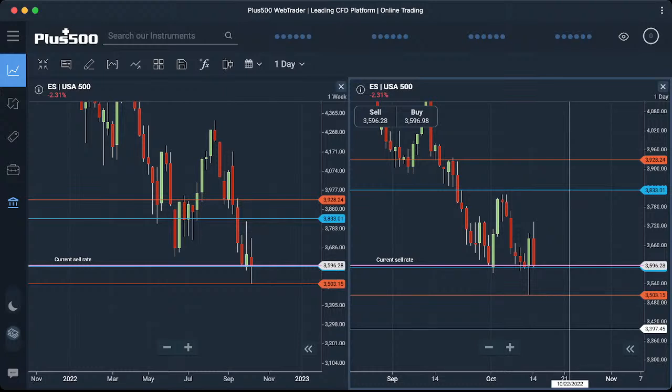For those who know about SMT divergence between US 500 and US 30, now there is a bullish SMT divergence. What it means is that US 500 made a new low in the daily chart, and if you go back to the US 30 daily chart, you will see that there is no new low in that chart.